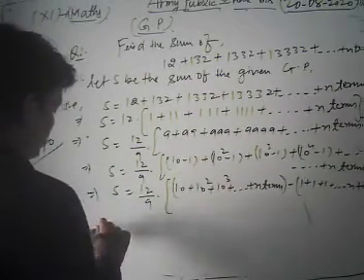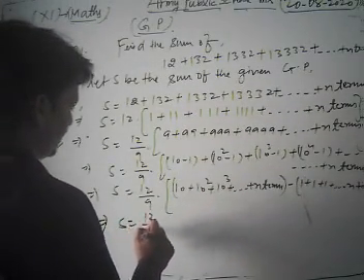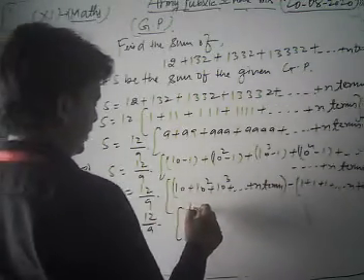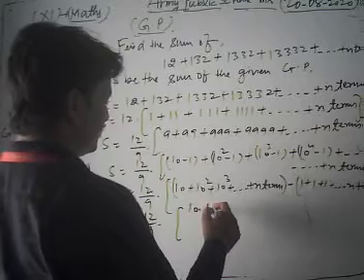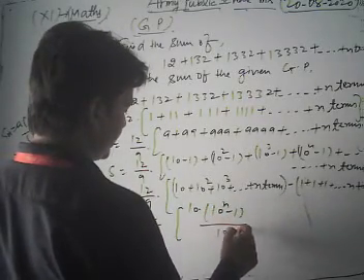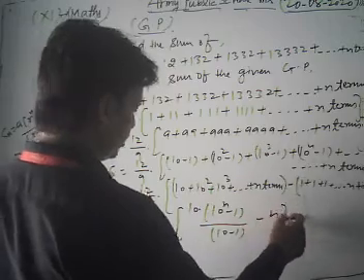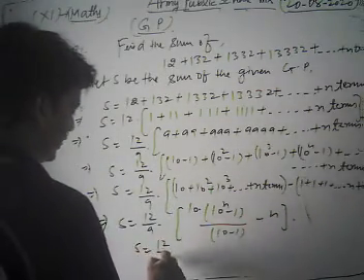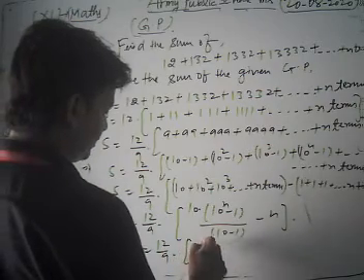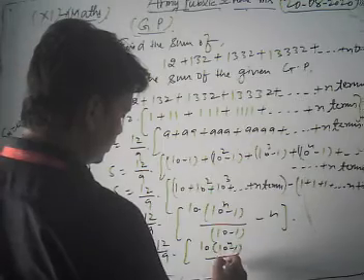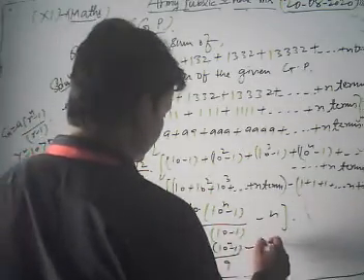Here we write S is equal to 1/9, a means 10, times (10 to the power n minus 1) upon 10 minus 1, minus n. Now we write S is equal to 1/9 times [10 (10 power n minus 1) upon 9 minus n].